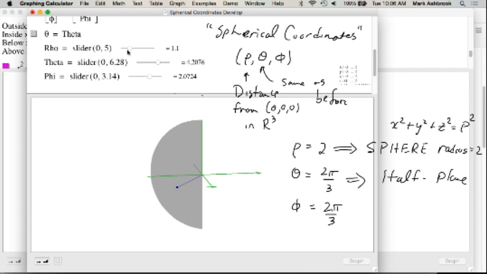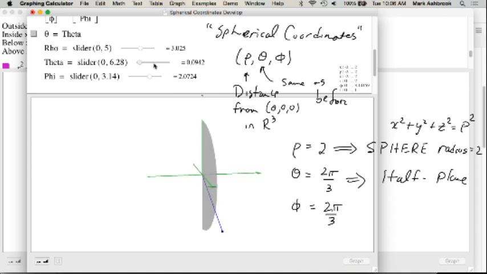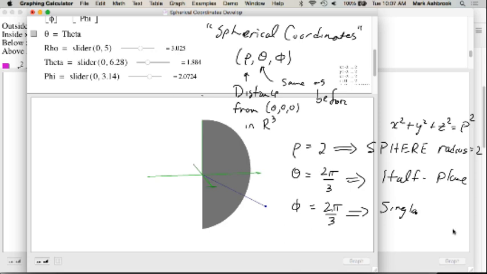So now imagine rho changing to all values this way and theta changing to all values around. What would all the points be then? Cone, single cone. Lots of you are saying cone. Yeah, that's right, a single cone. So let's just verify that.